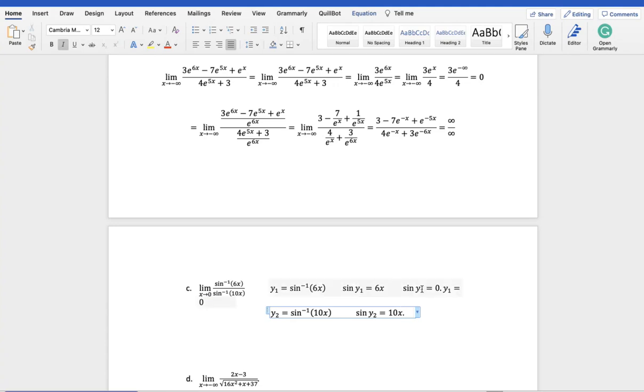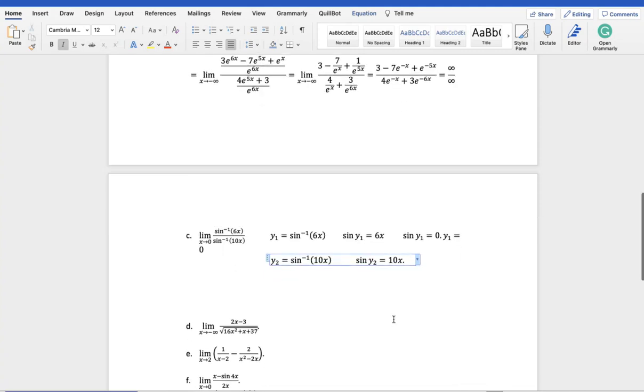So basically y1 and y2 both tend to 0. Then you would transform the limit into a form where you have a limit in terms of y instead of a limit in terms of x, and then you solve for the limits. I guess that's one way to do it.